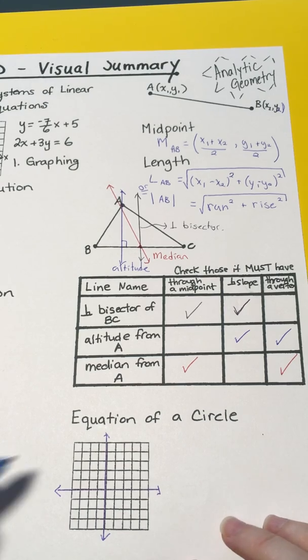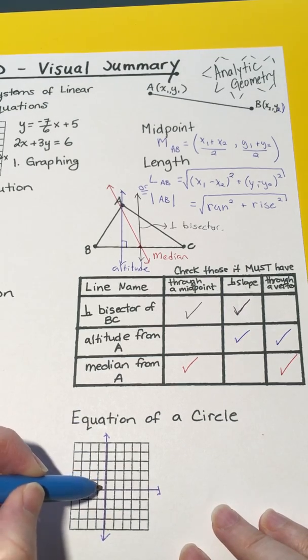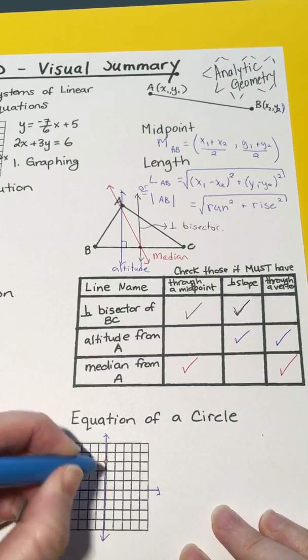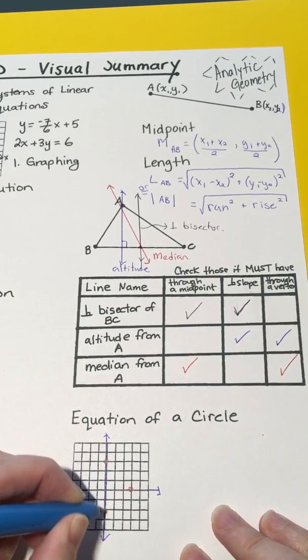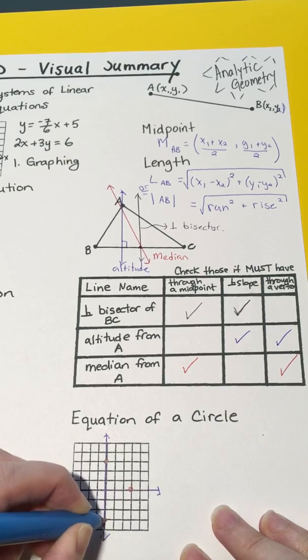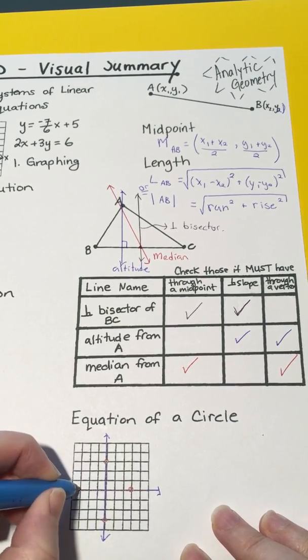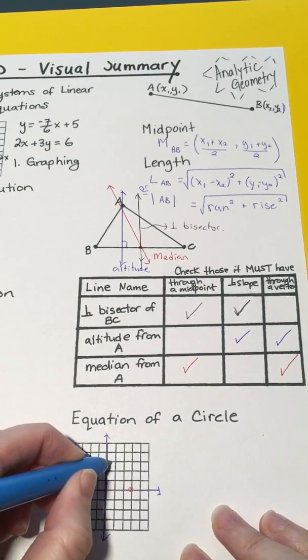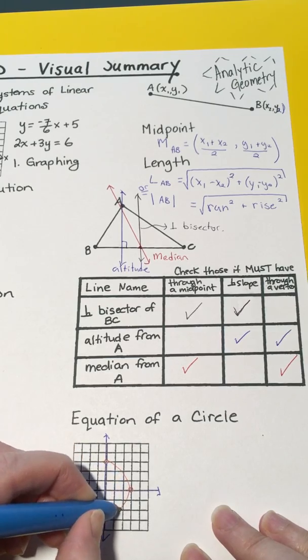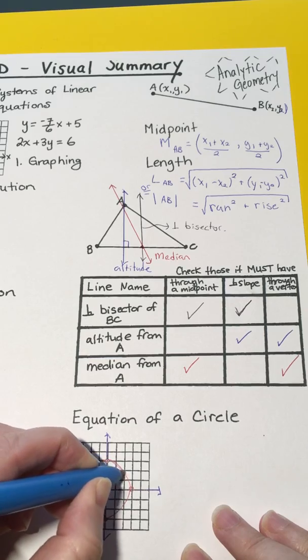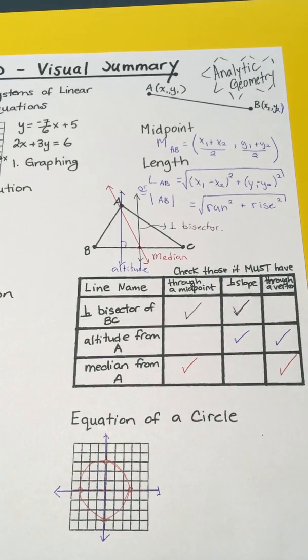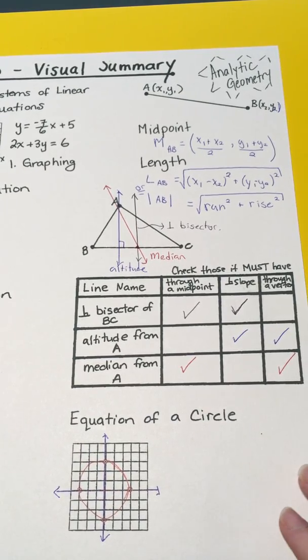So if we have a circle of radius 3, right, you're going to have your radius of 3. That means it's going to be a distance of 3 away on all sides. And you kind of make that into a circle. Sorry if I can't draw a perfect circle, but the nice thing is this doesn't have to be perfect. There's my lovely circle.